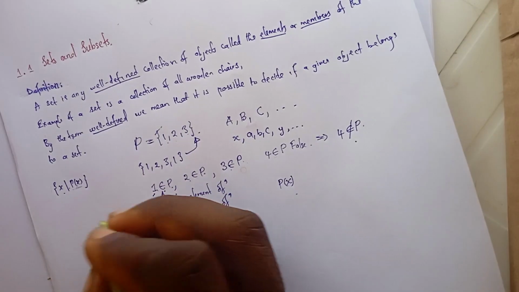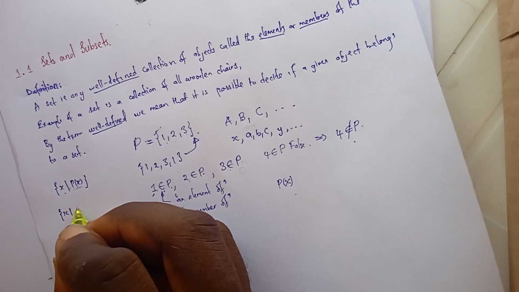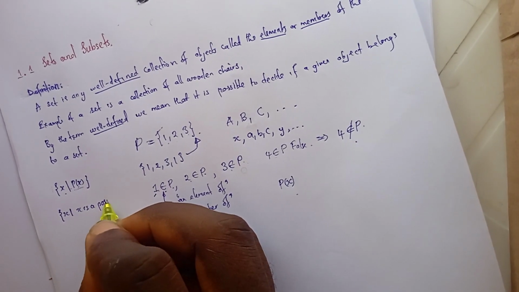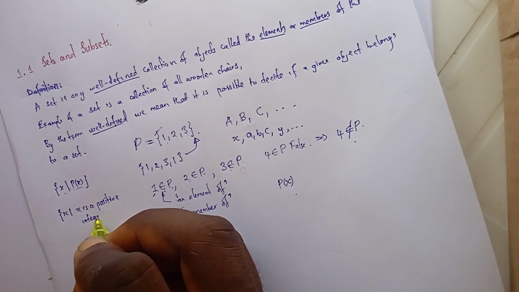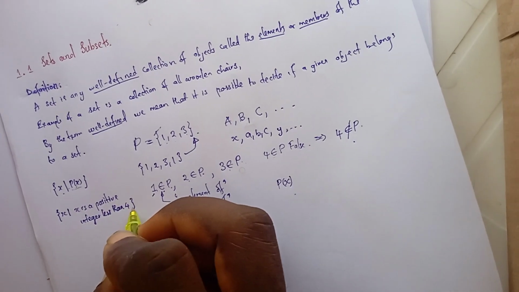For example, let's say the set of all X such that X is a positive integer less than 4.